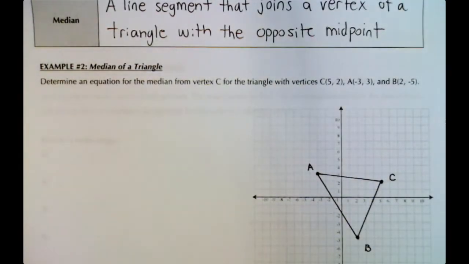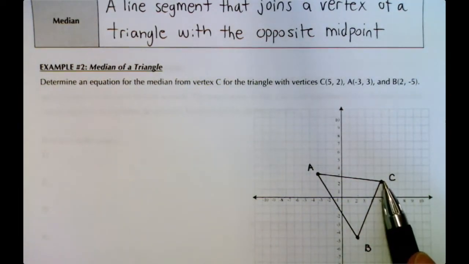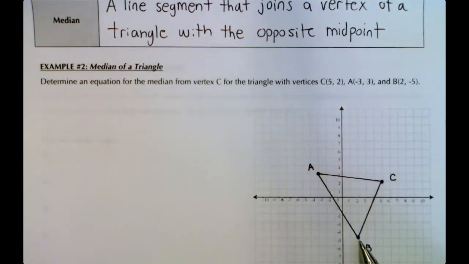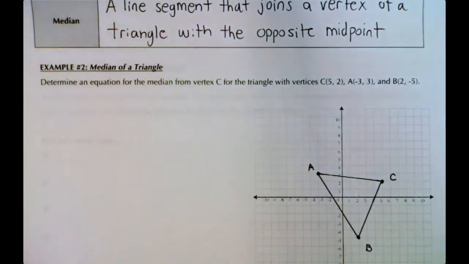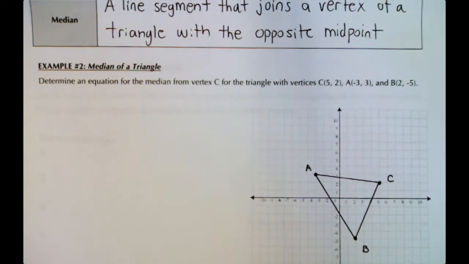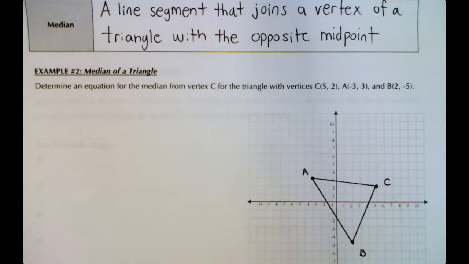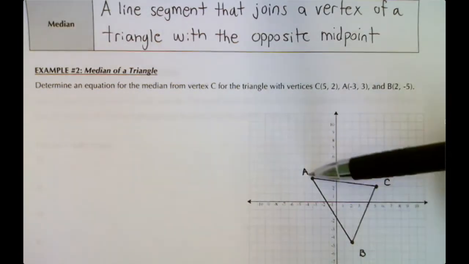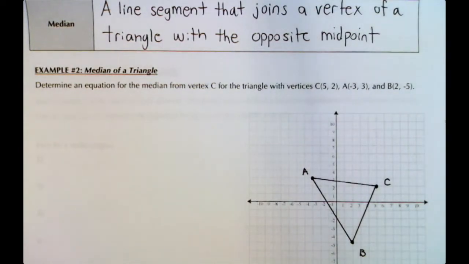And the median from C would be from this corner to the middle of AB. Well, we don't know where the middle of AB is. So, before we can draw a median, we have to find the middle of AB. Fortunately, we now have a way to do that.